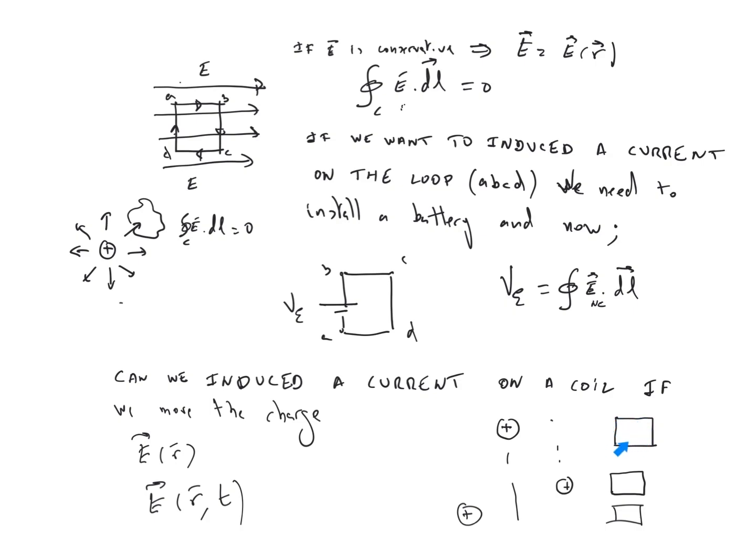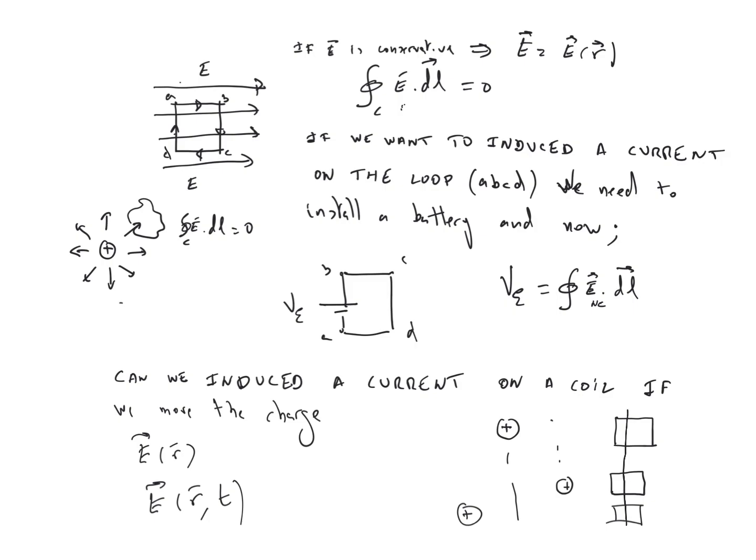But let's say that I approach the charge a little bit, in a way that the electrical field E depends on r and now depends on t, because when the charge is here, the electrical field is more intense because it is near the circuit, so it has changed at the same point.